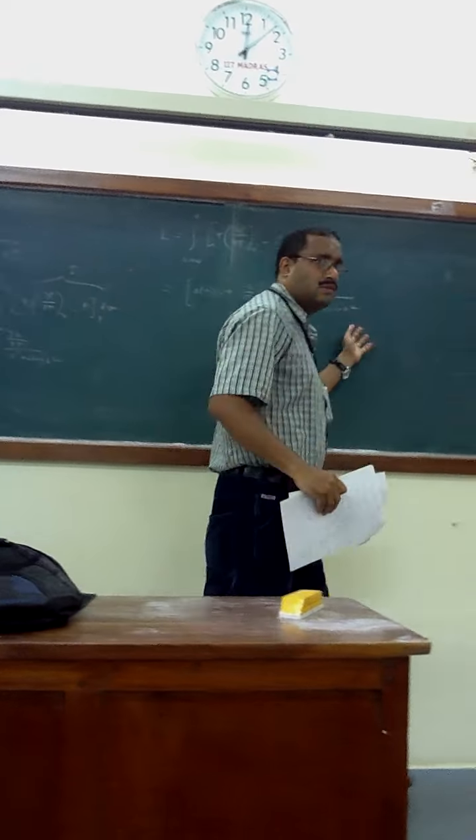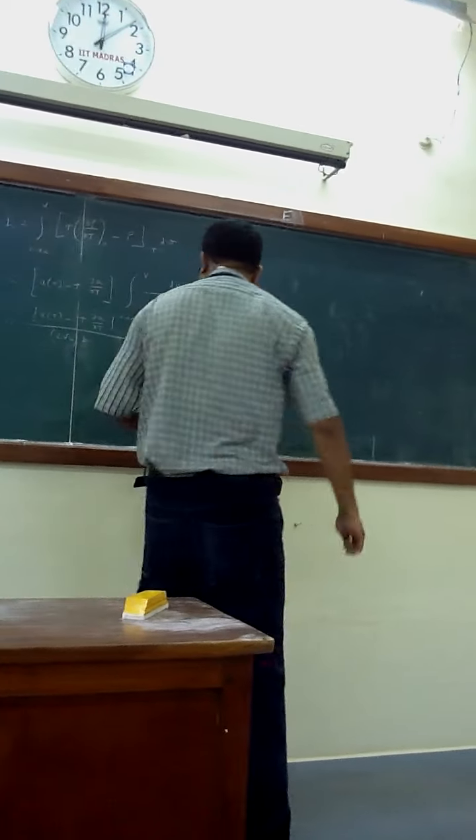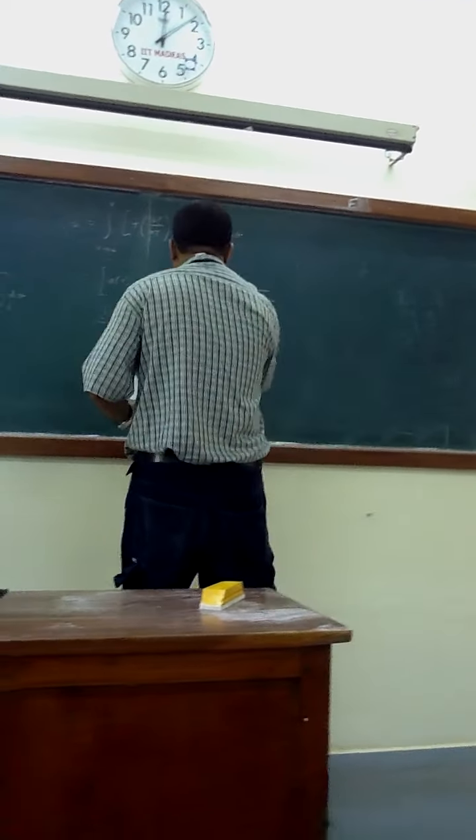So A(T) minus T dou A by dou T divided by 2 root 2 B, into the integral from V tending to infinity to V of 1 by V plus B into (1 minus root 2), am I correct? Yes. Minus 1 by V plus B into (1 plus root 2).